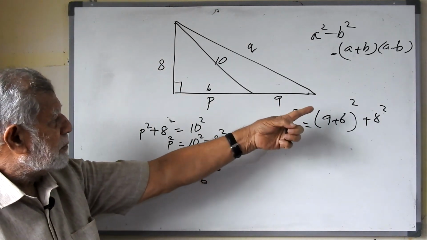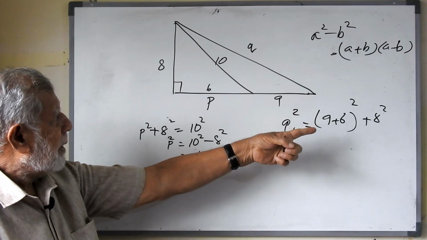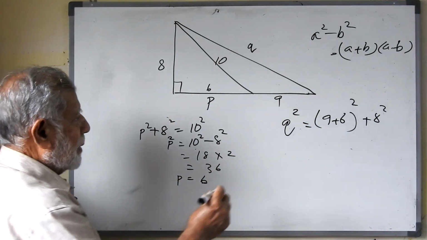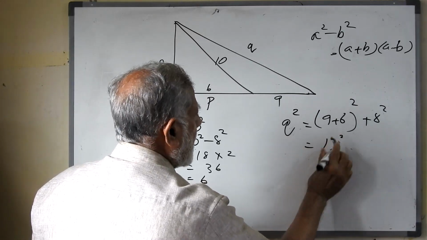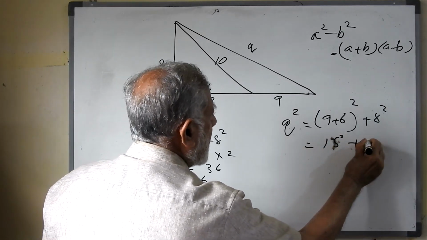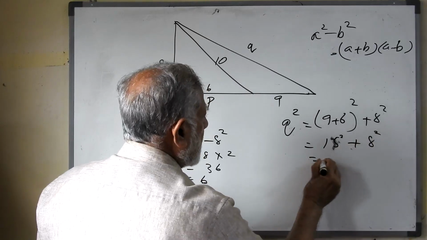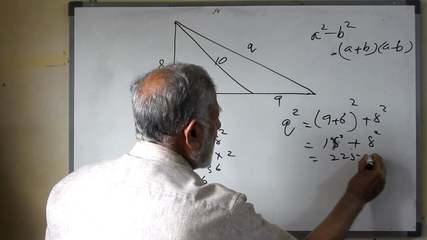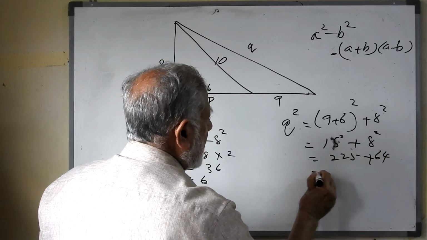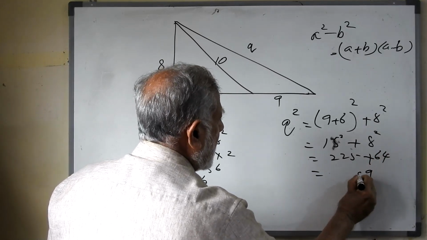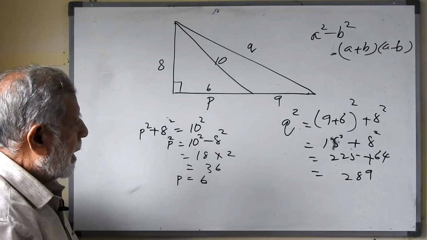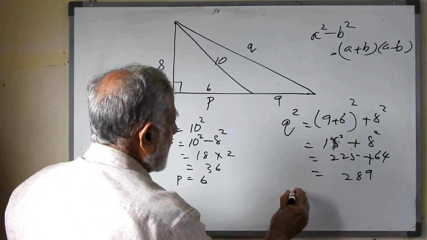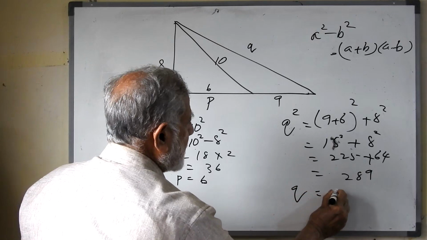So 6 plus 9 the whole squared plus 8 squared is equal to q squared. So 9 and 6 is 15, that is 15 squared plus 8 squared. That is equal to 225 plus 64. That is equal to 289. So q squared is equal to 289. So q is equal to 17.